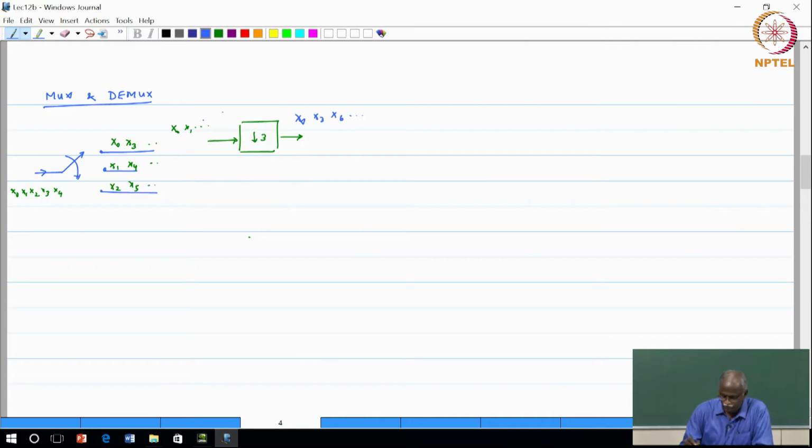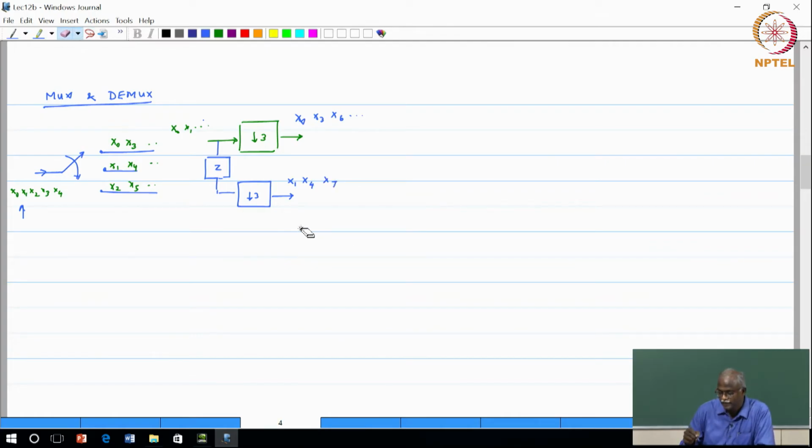Let us try both. If I do an advance operation, what happens? Originally this was the origin; if I do an advance operation, the origin shifts to the right. Which means what comes into the downsampler at the 0th index is x1, and if I now downsample by a factor of 3, this will be x1, x4, x7 and so on.